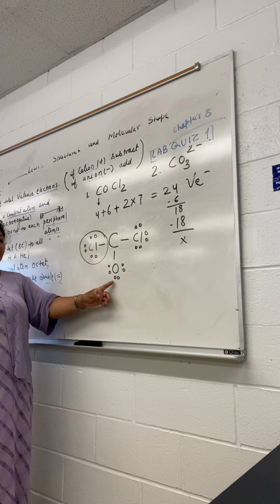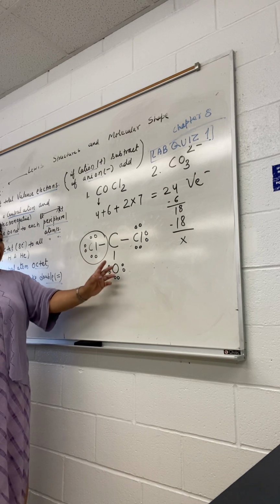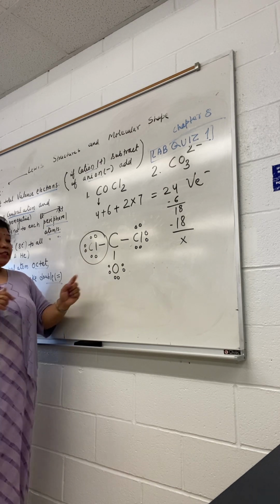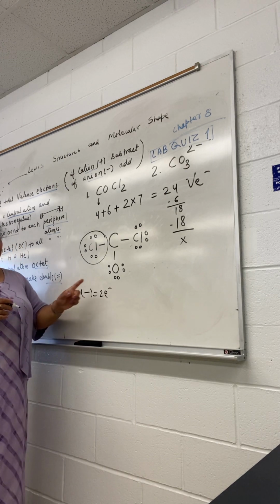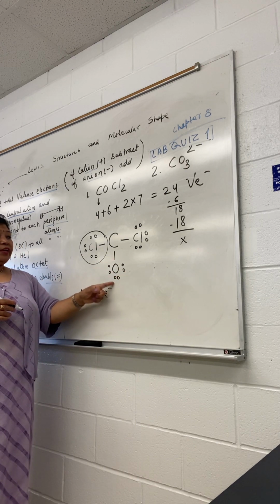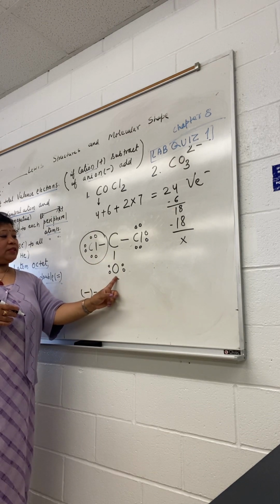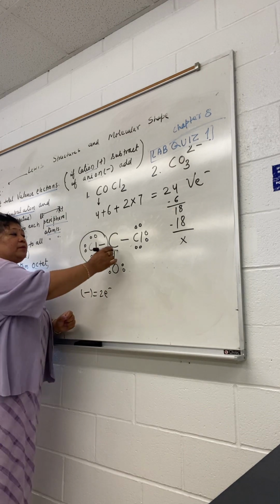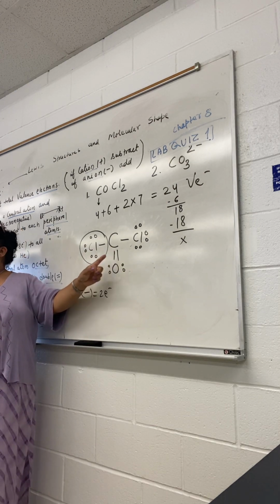So that means this oxygen is very happy to share its lone pair. Since one bond equals 2 electrons, one of the pairs can be made into a double bond here. So I'm just going to erase this and make a double bond here. You see? Now this is shared, right?